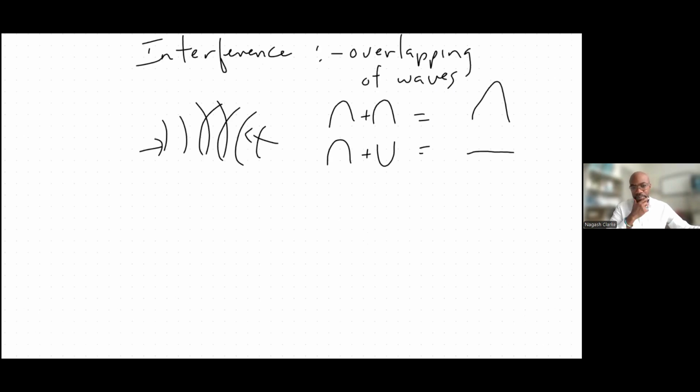So let's look at our electromagnetic waves. There are a few of them that we have to know. Radio, microwave. These are electromagnetic, or EM, waves.